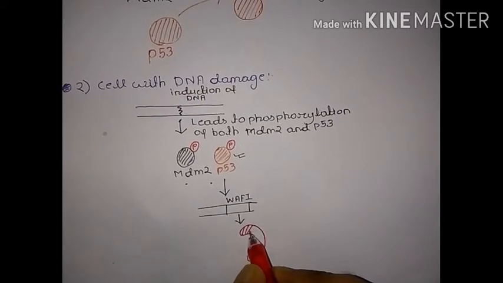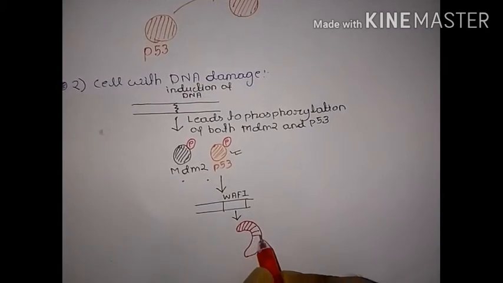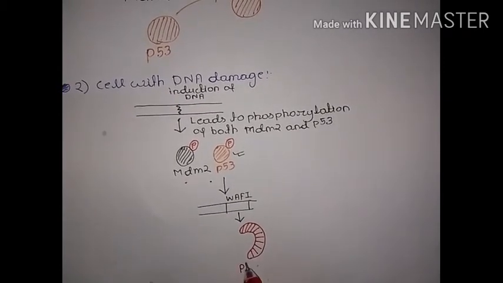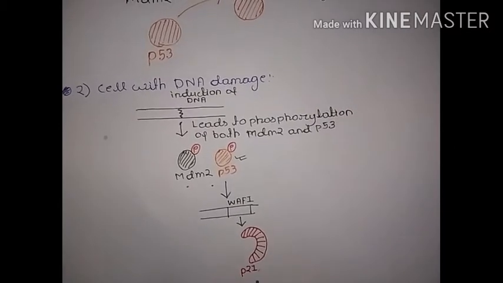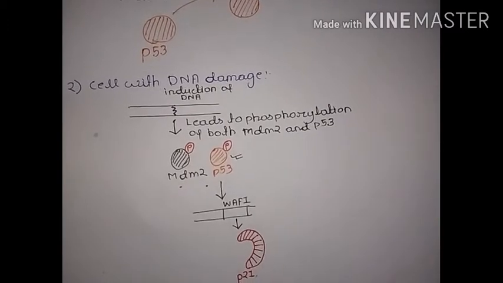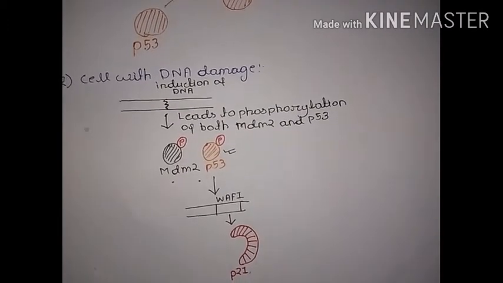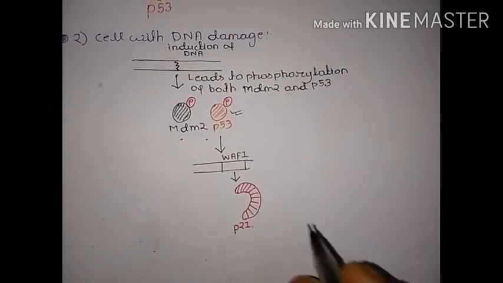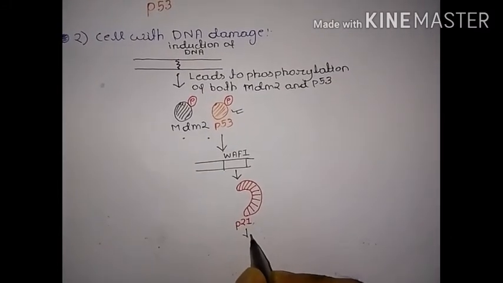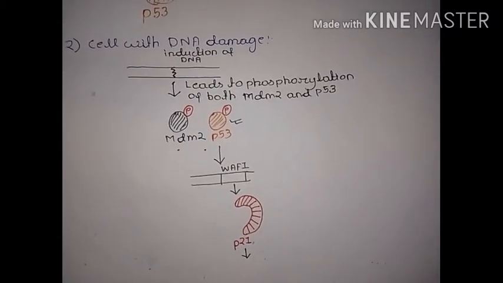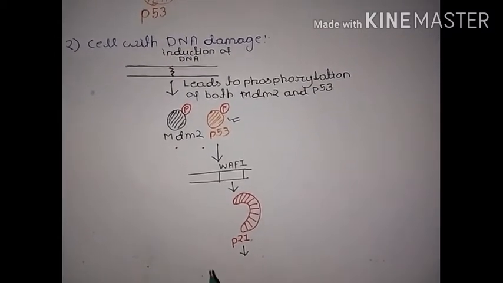p21. 21 is the molecular weight of that protein. So p21 is a protein that is encoded by WAF1 with the help of the transcription factor p53. Now what is the role of p21? p21 blocks the functions of a complex known as Cyclin D CDK2.